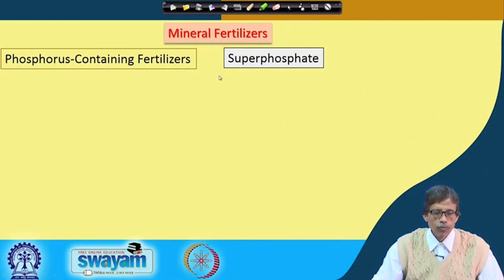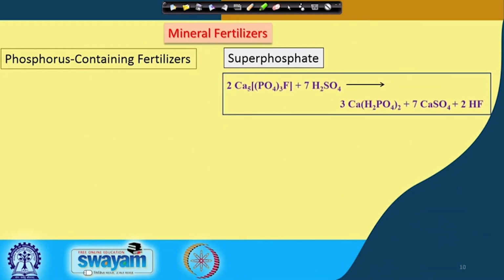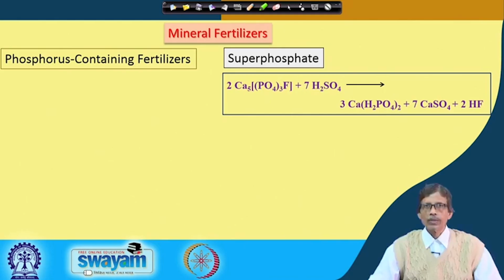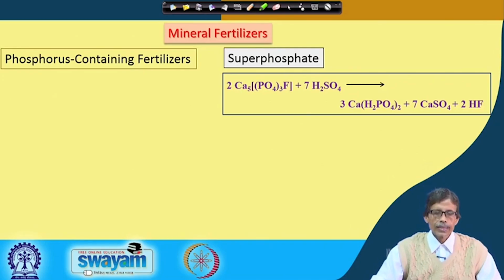These superphosphates basically can be prepared from a reaction using the mineral fluorapatite, Ca5(PO4)3F.